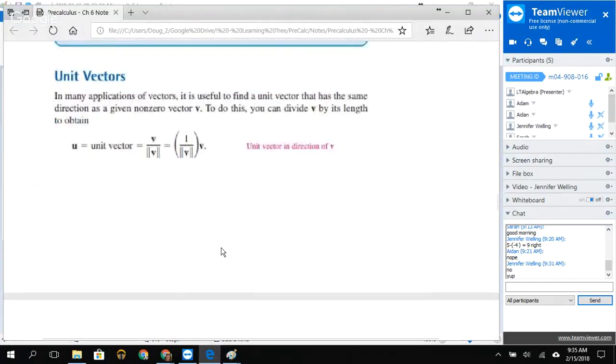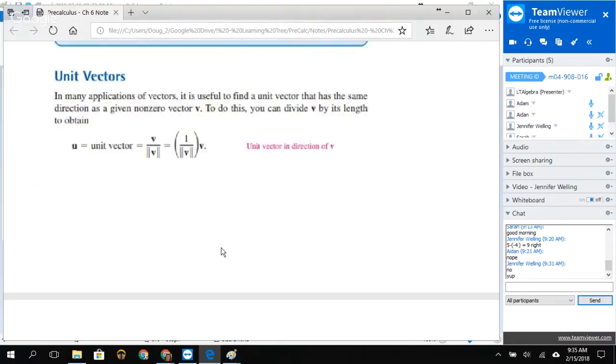Unit vectors. So in many applications of vectors, it is useful to find a unit vector that has the same direction as the given non-zero vector v. To do this, you can divide vector v by its length to obtain a unit vector. So a unit vector is representative of the direction of the vector.